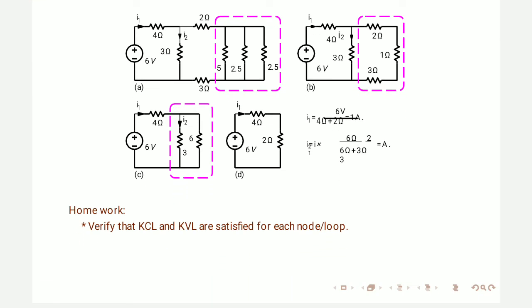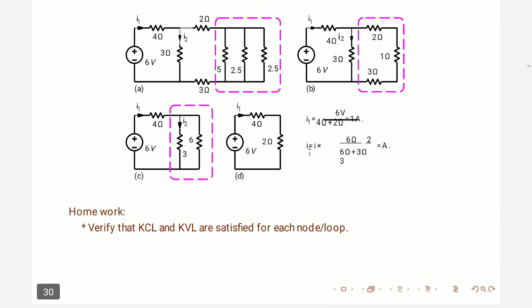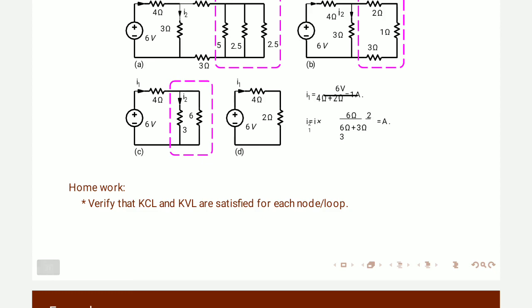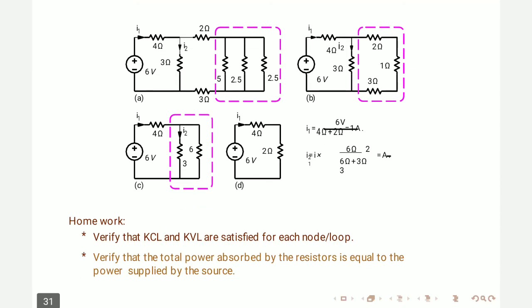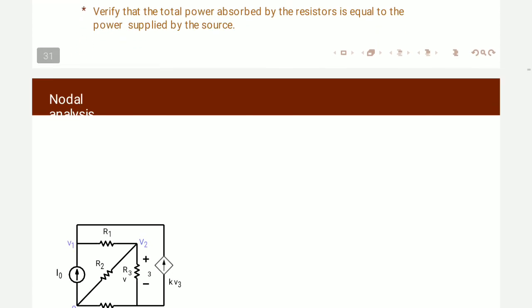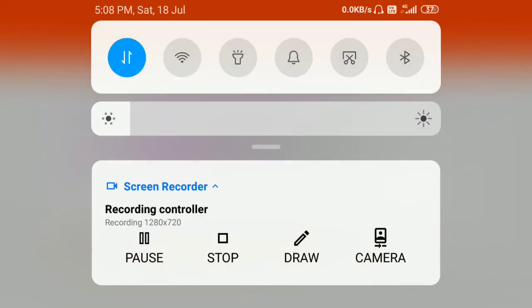Verify that KCL and KVL are satisfied for each node and loop equation. That is I2 is equal to 3. This is the KVL, and KVL is verified.